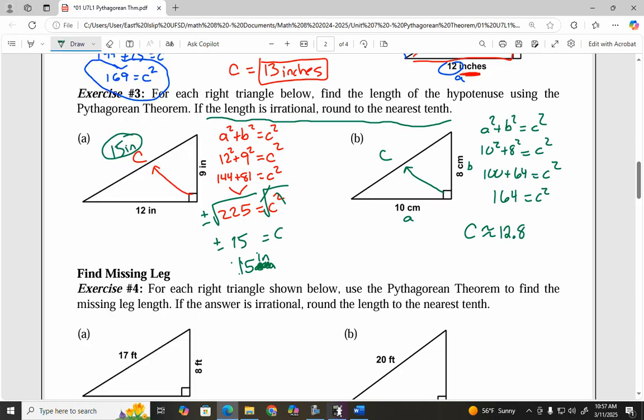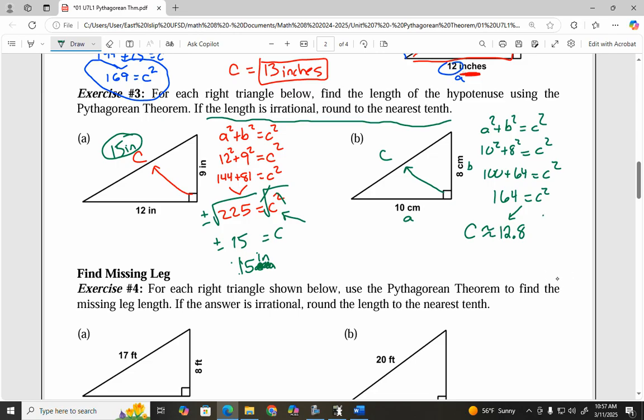Now look what I just did. I kind of went from this step to this step. I didn't write my square roots in. I just did the square root. I would accept what I did as full credit on a test. I did show that I was using the Pythagorean theorem, and when you go from here to here, I have to assume that you know that the opposite of squaring is square rooting.